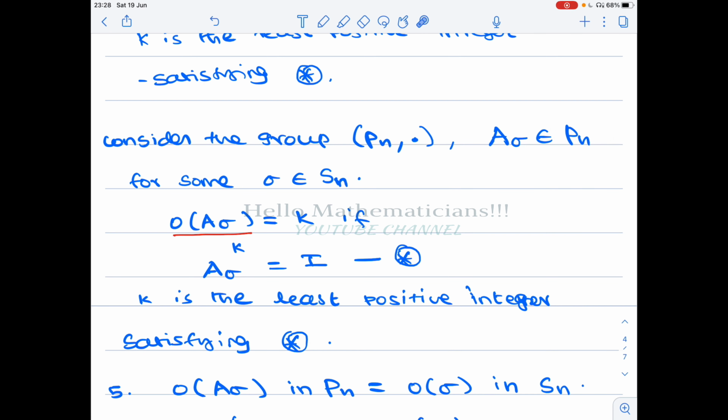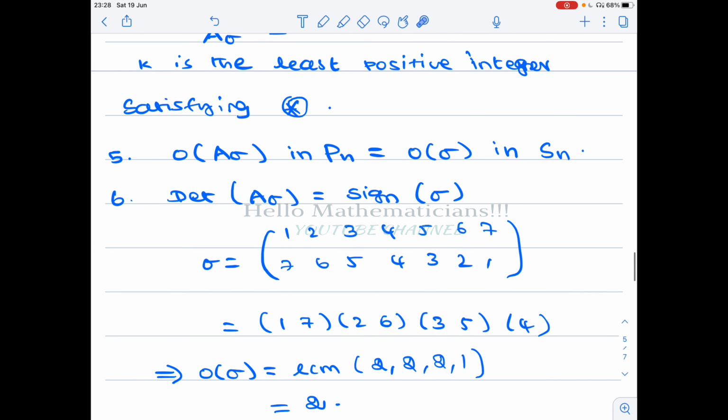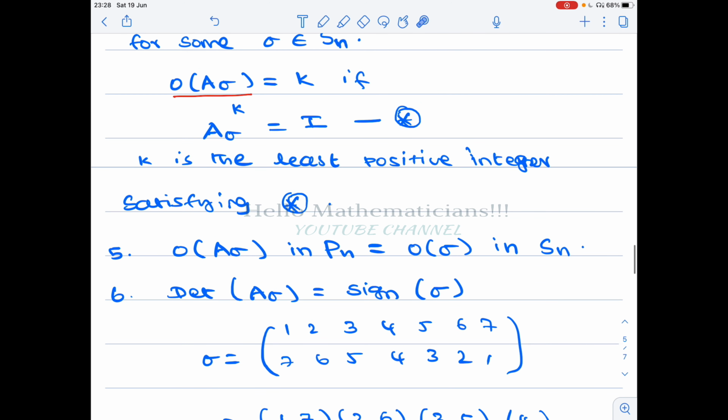So we know what the order of an element A sigma is in the group of all permutation matrices. Now we have some results. Above we saw that the map sigma goes to A sigma is an isomorphism from the group Sn to Pn.